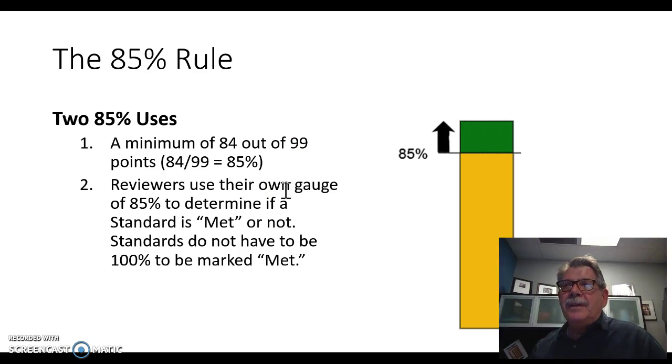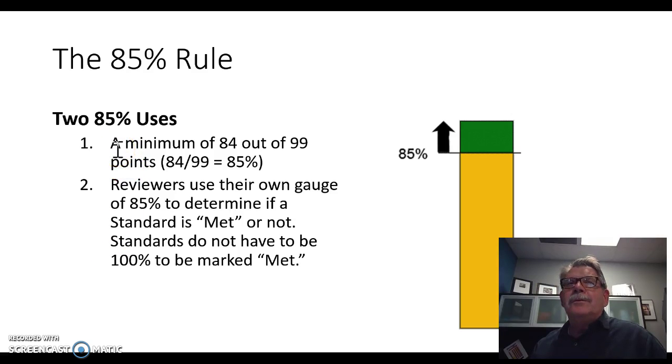For example, say I was looking at the accessibility standard and asking, are my videos captioned? You have 16 weeks, you have 15 videos, and 2 aren't captioned. Well, that probably meets the 85% level. You wouldn't need each and every last video to be captioned.